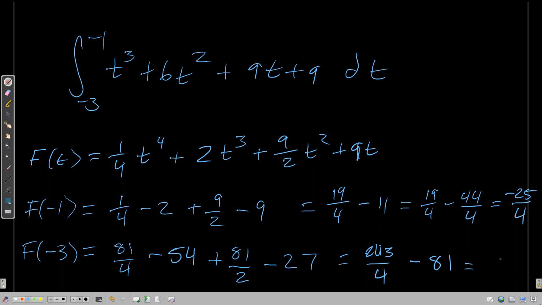This comes out to minus 81 over 4, if I did that right. So this should be 56 over 4, if I did that right. And 56 over 4 reduces to just 14, and yeah, that's right.